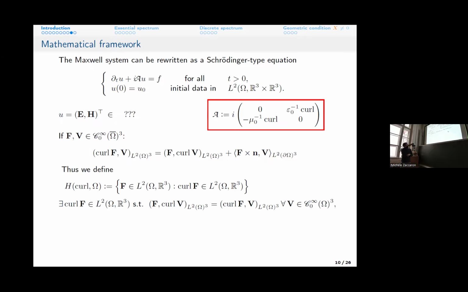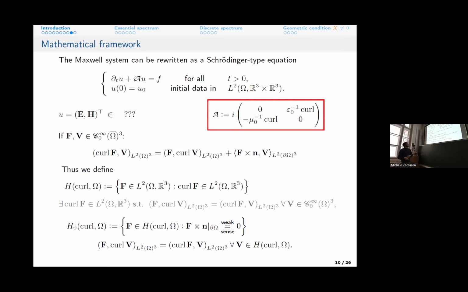H curl, like H1 for the Laplacian, the H1 Sobolev space, is the space of square integrable vector fields with weak curl also in L2. And so again, defined in a weak sense by flipping the curl on the other side with the test smooth compactly supported vector fields.